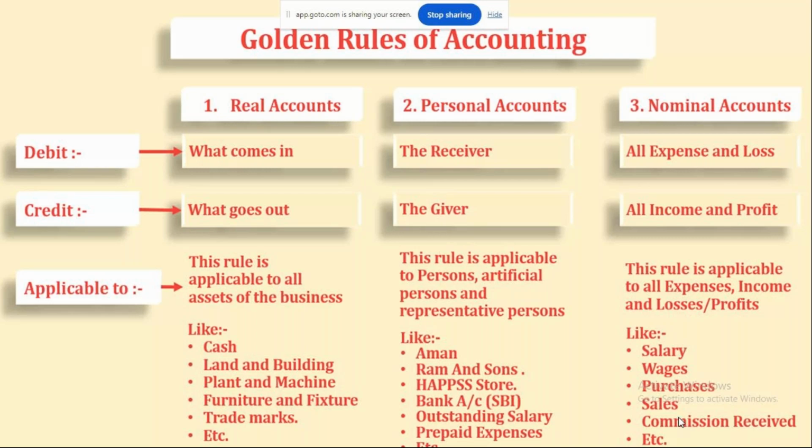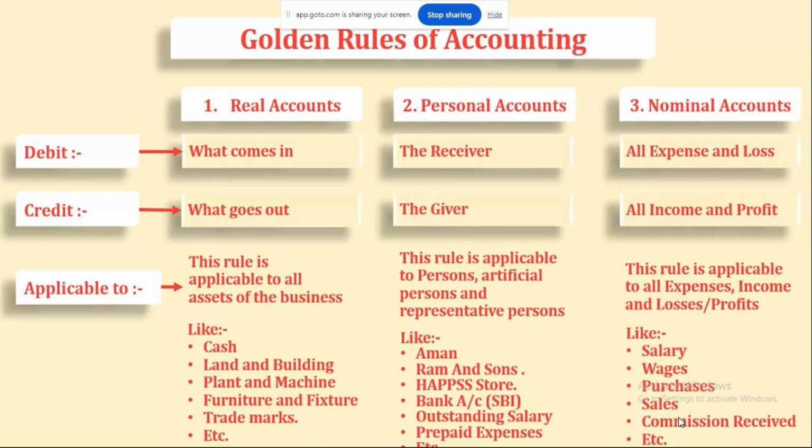So when I talk about the personal account, I'm a natural person. Ram and Sons, Hap Stores, all these are artificial persons. Bank is an artificial person. Outstanding salary, prepaid expenses is a representative personal account. If I talk about the nominal account, of course, we have salary, indirect expenses, wages is direct expenses, purchase and sales again the same way.